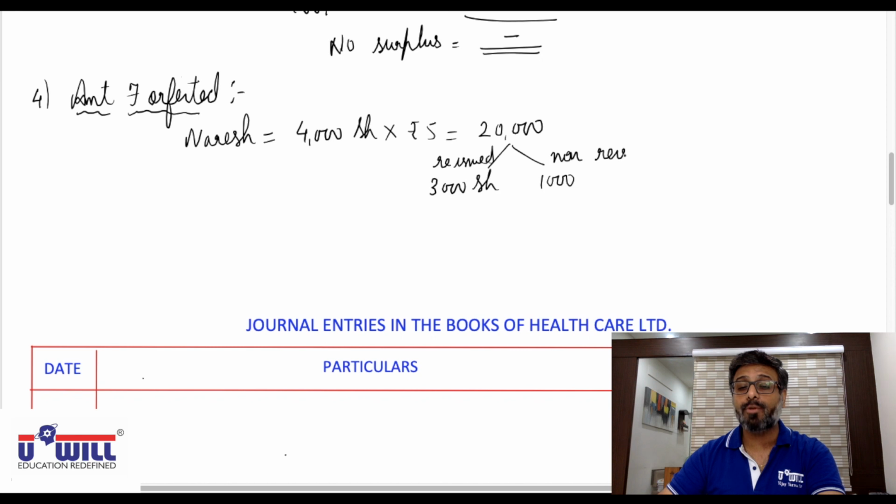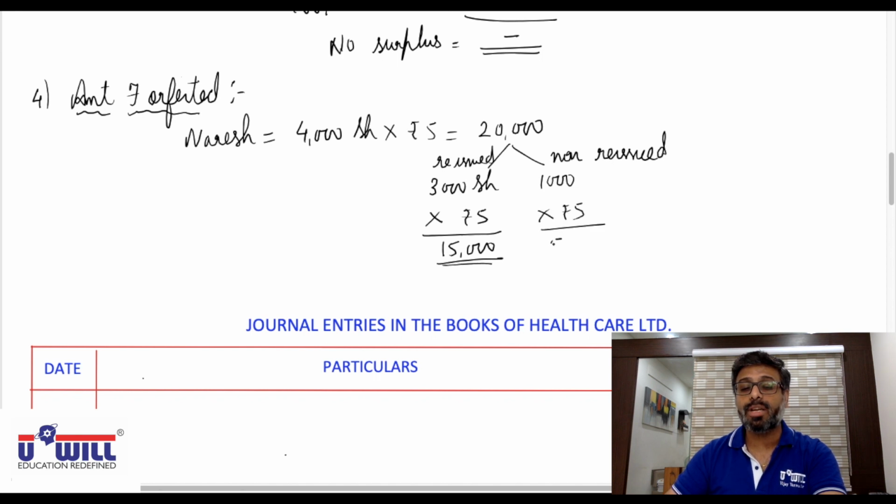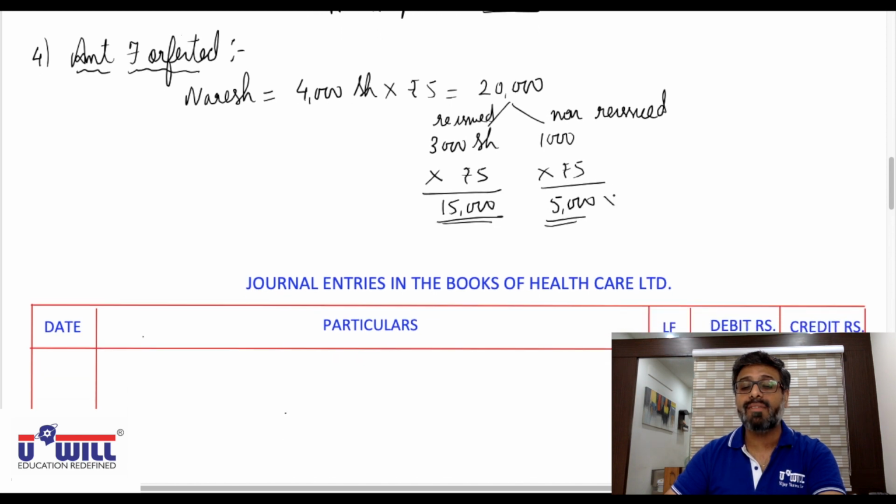What is the amount forfeited towards these shares? 3,000 shares into the same 5 rupees: 15,000 is forfeited towards reissued shares, and 1,000 into 5 rupees: 5,000 is forfeited towards non-reissued shares. This amount is of no relevance in our solution, but in the 3,000 shares, the 15,000 forfeited will be considered for finding profit.